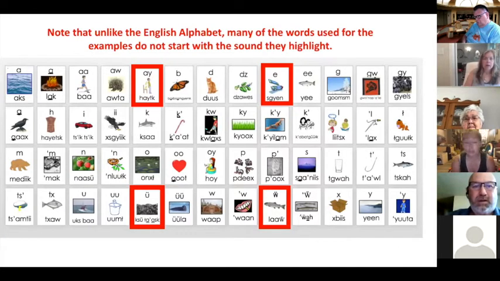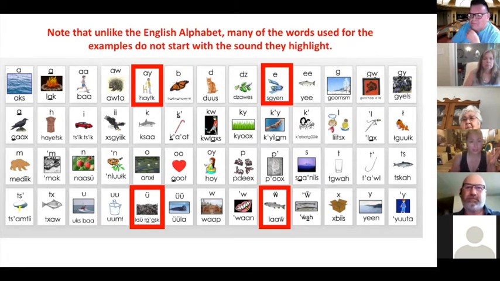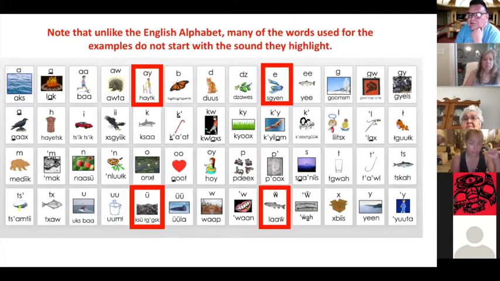Another important thing to note about the alphabet is that in English, your A through Z chart is usually A for apple, B for boy, C for cat, and the sound that you're learning is represented by the first letter.